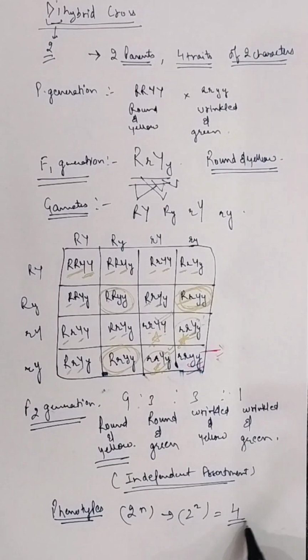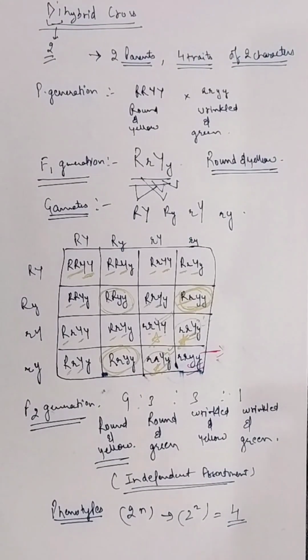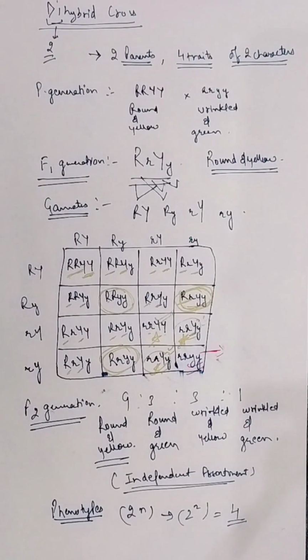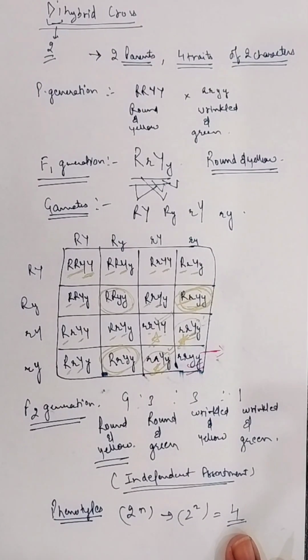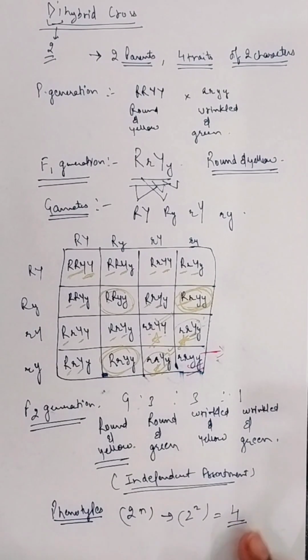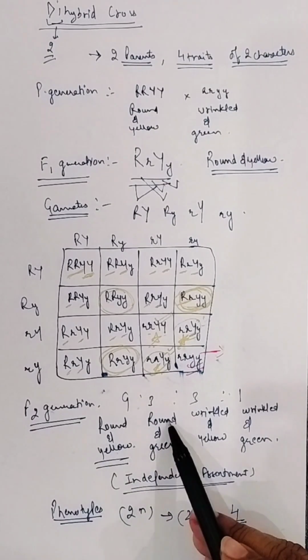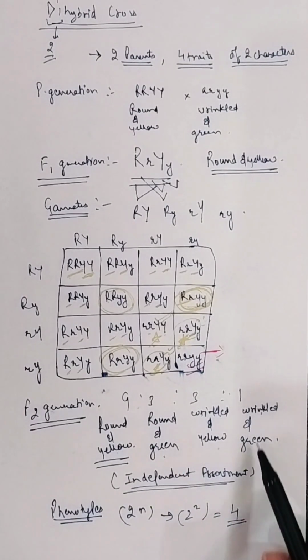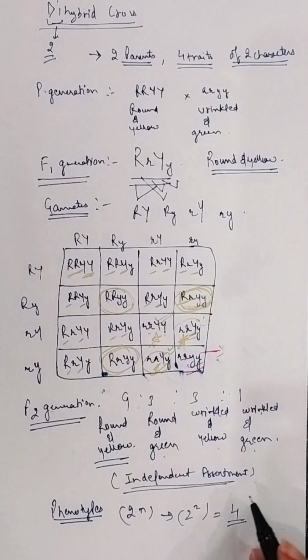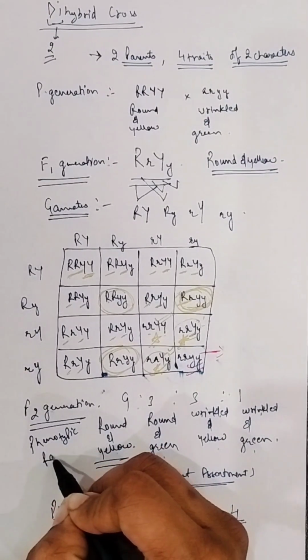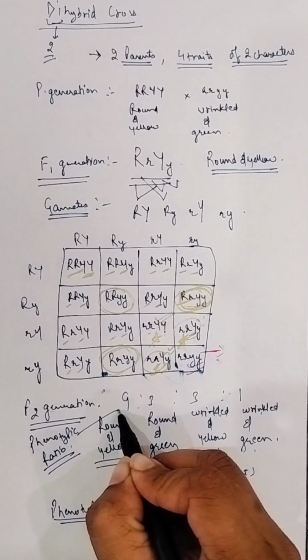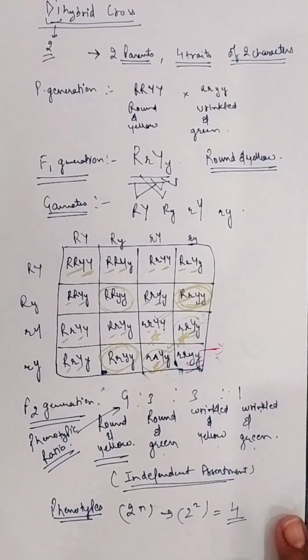So you will be getting 4 phenotypes in this case, that is round and yellow, round and green, wrinkled and yellow, and wrinkled and green. These are the 4 phenotypes, and this is also known as phenotypic ratio, 9 is to 3 is to 3 is to 1.